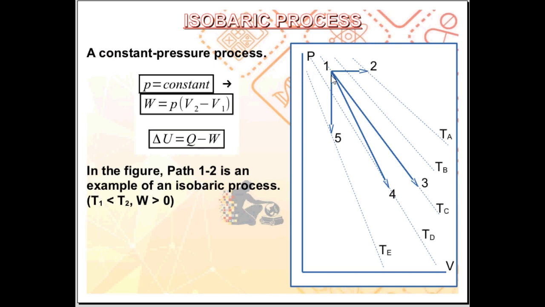The temperature increases from T1 to T2, from Tc to Ta. So T1 is less than T2, and there is work done. Work is equal to P times V2 minus V1. An isobaric process.